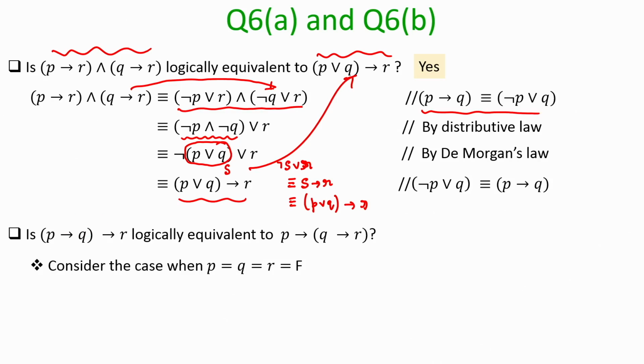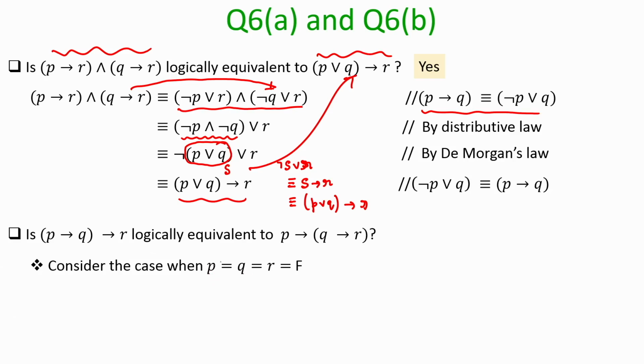It turns out that these two statements are not logically equivalent, and we can prove it by a counter example, namely we can demonstrate a truth assignment for which the two statements take different truth values. There could be many such counter examples. If you want to show that the two statements are not logically equivalent, even if you show one of the counter examples, that is sufficient.